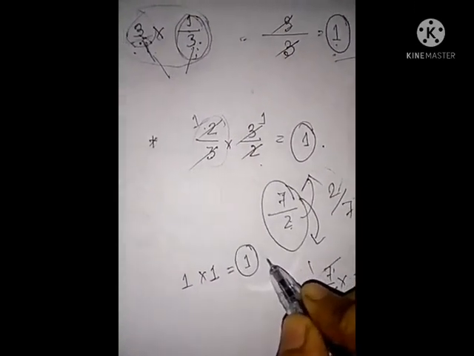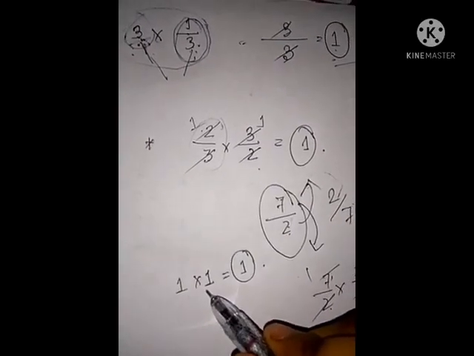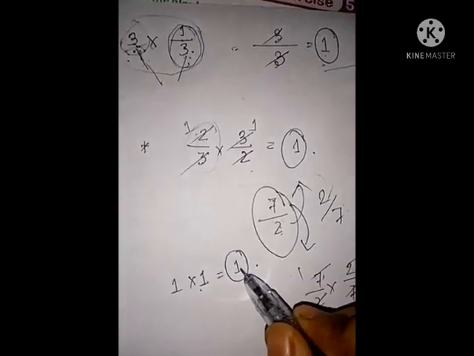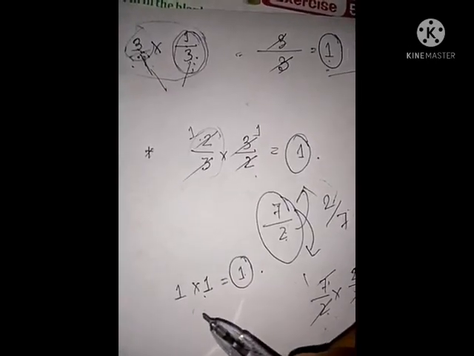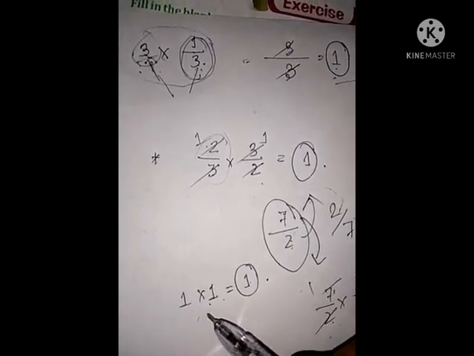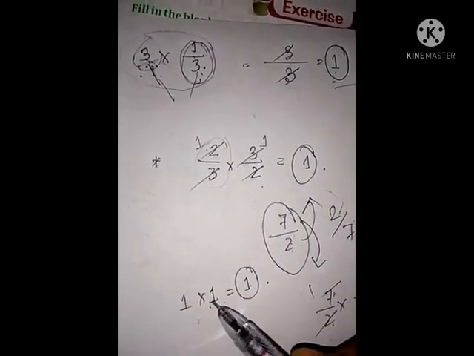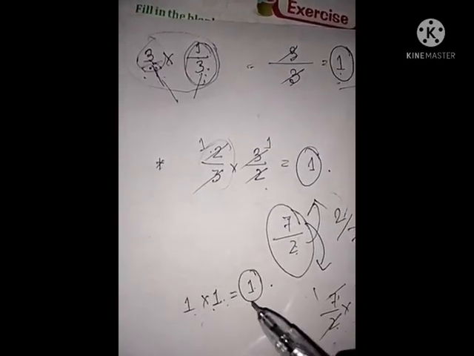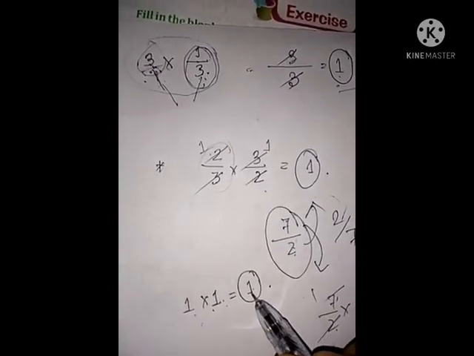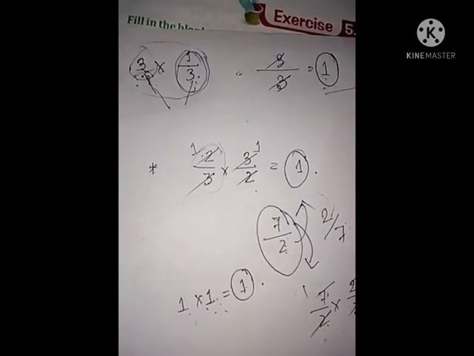We know that if the product of two numbers is 1, then the numbers are multiplicative inverses of each other. So we multiplied 1 by 1 and got 1, so 1 is the multiplicative inverse of itself.